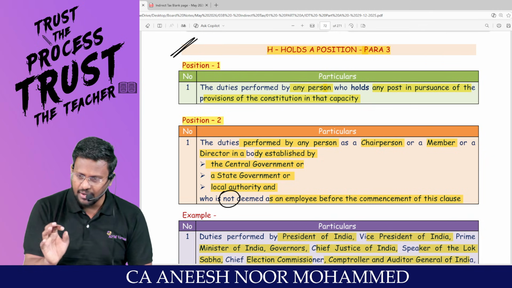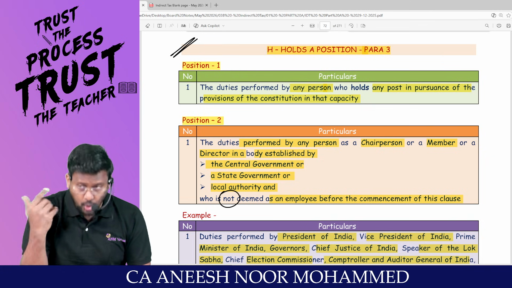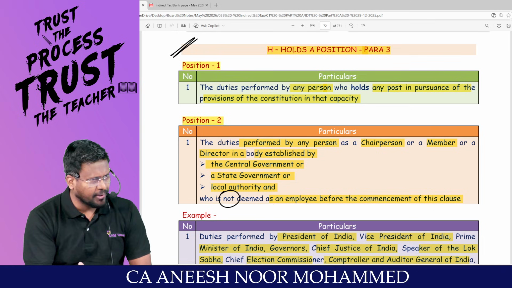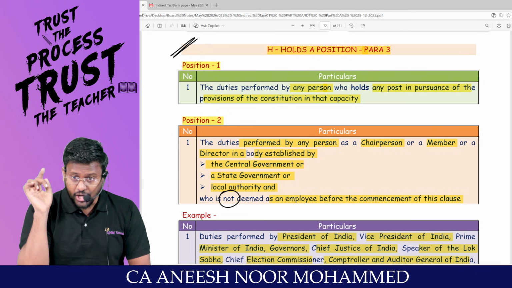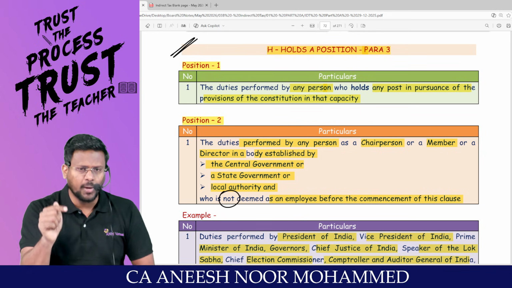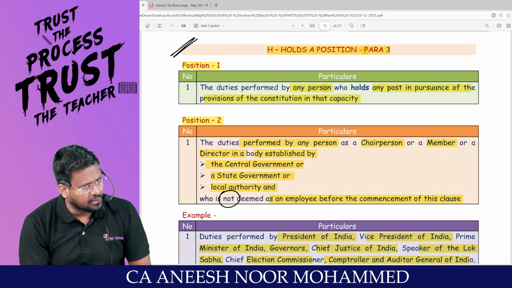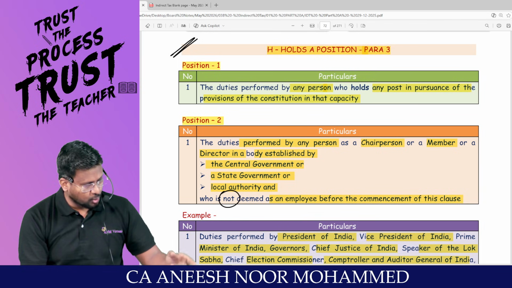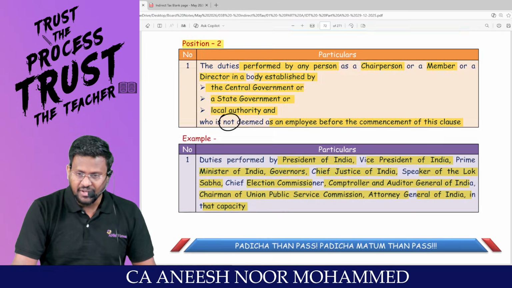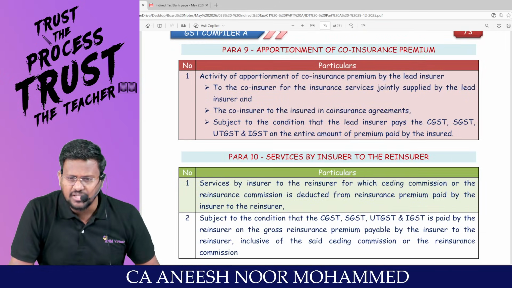Are you acting in all these bodies as an employee? No, absolutely no. Are you a member of Parliament? Absolutely no. Is that chairperson post because of the Constitution of India? Absolutely no. But still you are providing government service only. Am I right? So those people who have not been covered in the above categories will be covered here. That's what H stands for, holds a position.